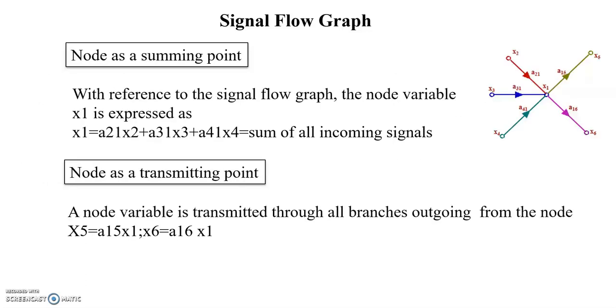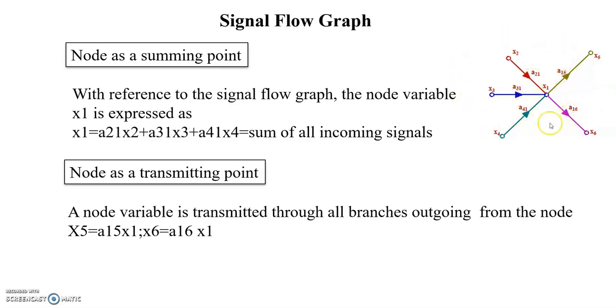Next, the node as a summing point. With reference to the signal flow graph, the node variable x1 is expressed as follows. The signals here are A31, A41, A21, A15, A16.